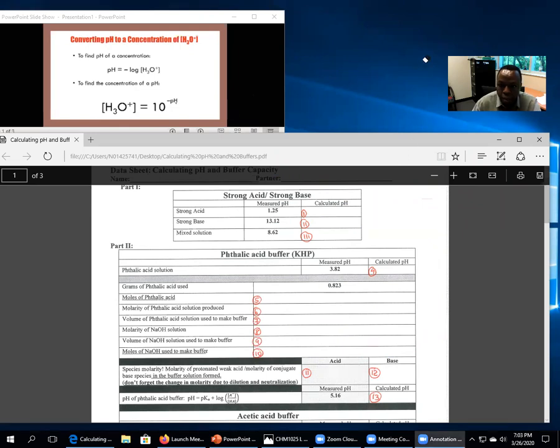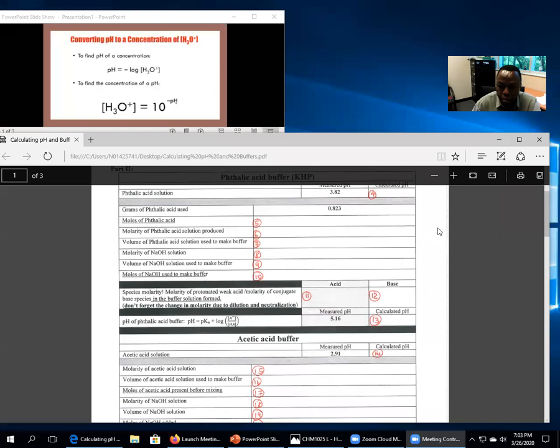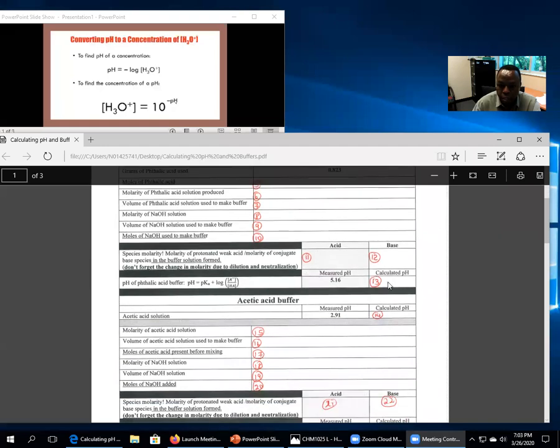Now, moving on to item number 13, we need to calculate the pH of our buffer solution. The equation we will use is what we call the Henderson-Hasselbalch equation.